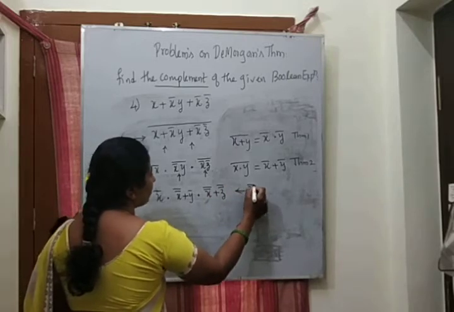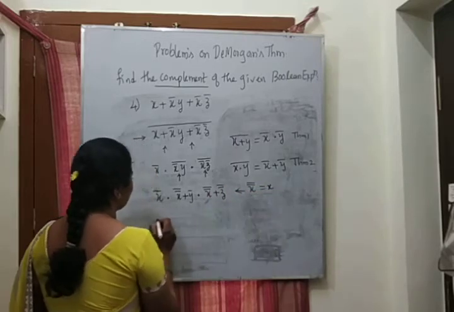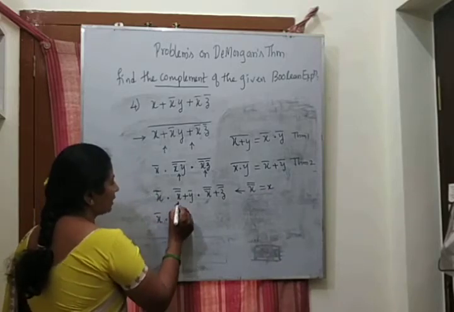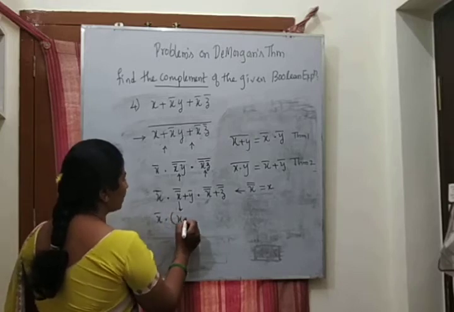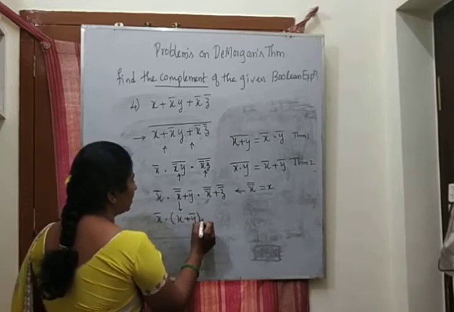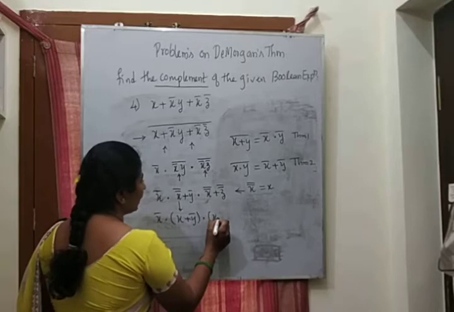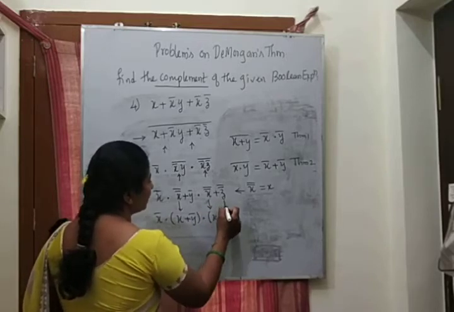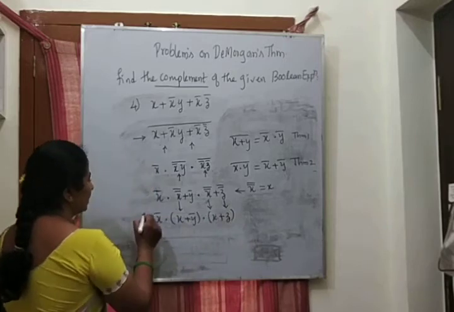According to the inversion law, x double dash can be written as x. Complement into x. This gets changed to x plus y complement into x plus z. X double dash can be written as x. Z double dash can be written as z.